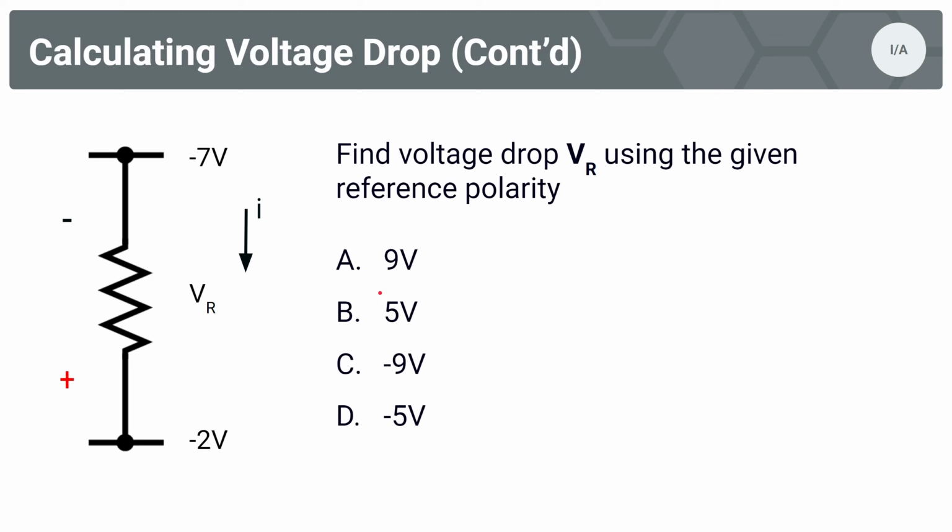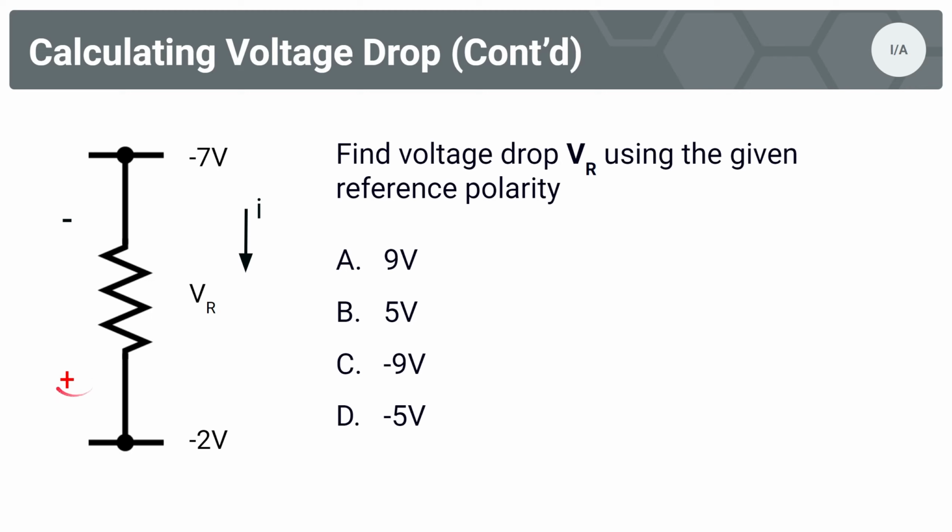Now, I have another way for you to look at this. If you're still struggling a little bit to understand the concept, and I admit that's partially on me, I'm looking for different ways to explain it. Let's take a look at that reference polarity. Remember our discussion about voltage in the previous lecture and how voltage is measured so that when you measure it at a specific point, it's in reference to another point.